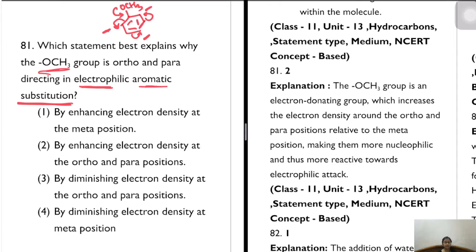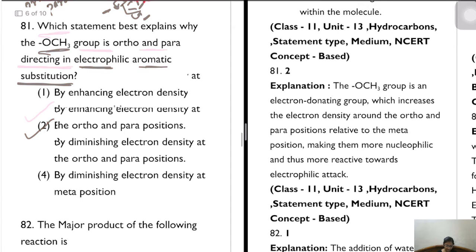So it is increasing electron density at ortho and para, and that is a good situation for electrophilic aromatic substitution because the electrophile is approaching. It is already electron deficient, and we are giving it even more electron-rich carbon. So these are enhancing the electron density at ortho and para positions and making them more nucleophilic.